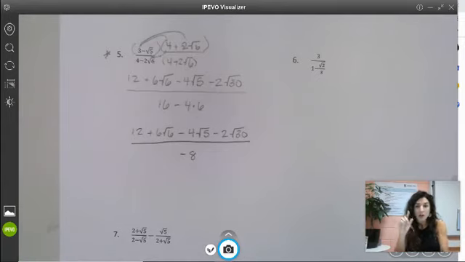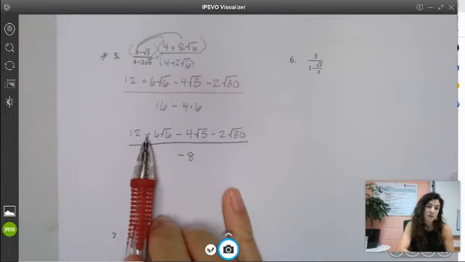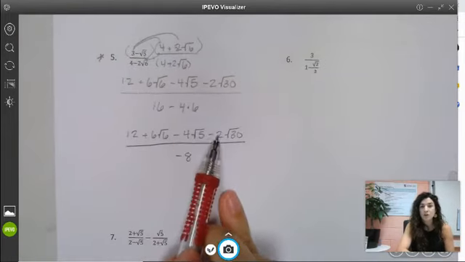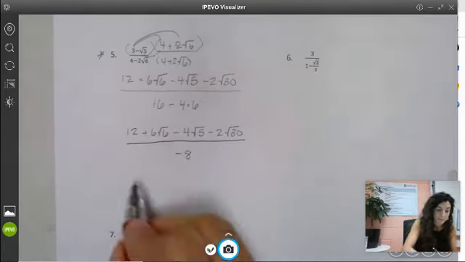We can simplify this further, just one tiny little step. We're trying to simplify this fraction, and I notice that the coefficients in each of these terms are divisible by 2. That can be divisible by 2, that's divisible by 2, 2, 2, and 2. So I can divide all of those terms by 2, which means I can simplify this fraction down.